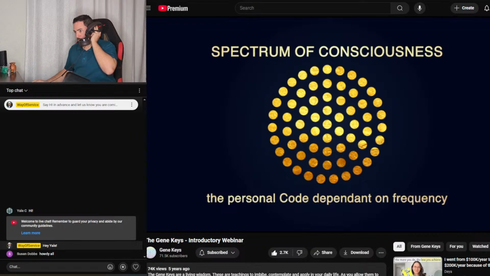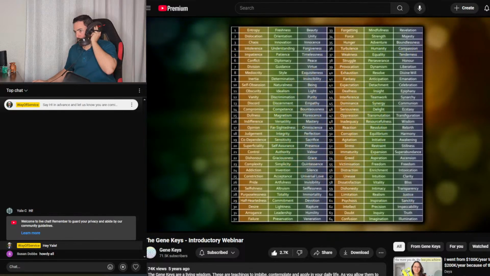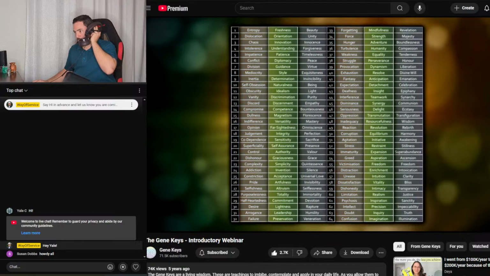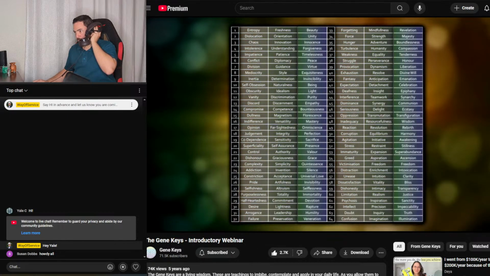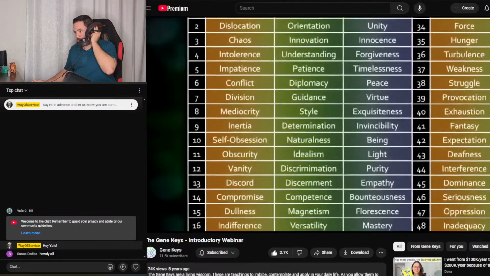And so I adapted what I'd learned from Human Design, and it became the spectrum of consciousness. This is a map of all the major human states of consciousness, divided into 3 levels, which I call the shadow, the gift, and the siddhi. So now with your birth time, we could see specific patterns of consciousness that governed your life. But these patterns were dependent on frequency.